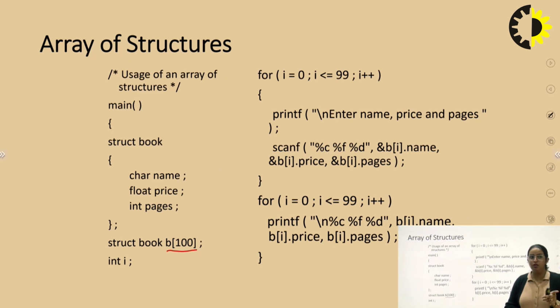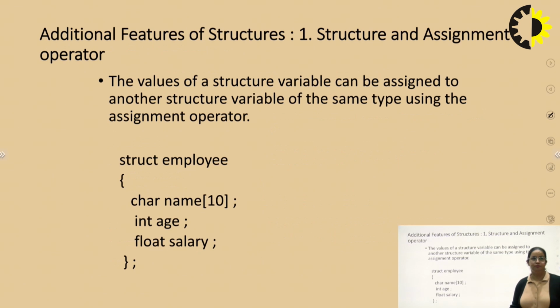What is the information? We have to store the name, price, and pages. So this is the array of structure. And for storing the elements in an array, what do we do? We just use loops. Similarly, we use a for loop here for storing the elements of the structure. So this is the example of array of structure.